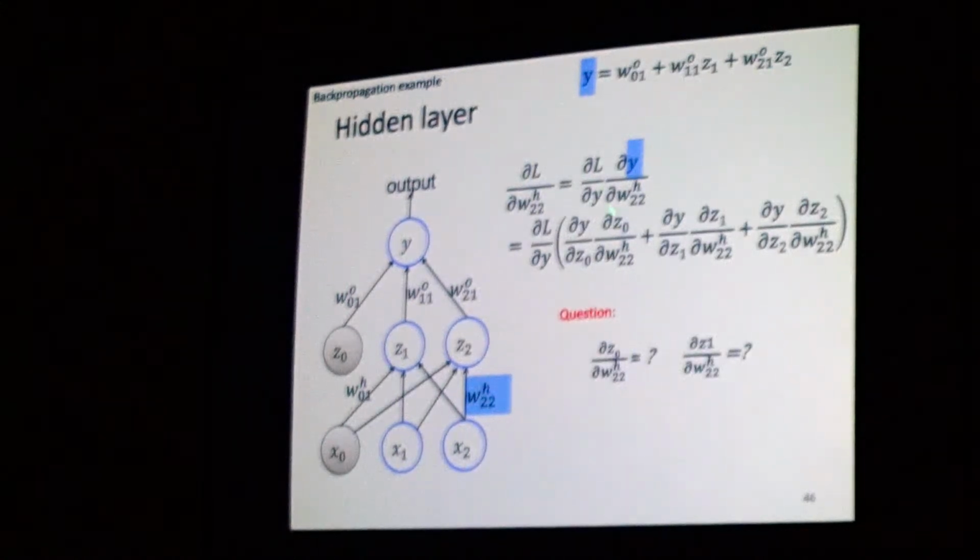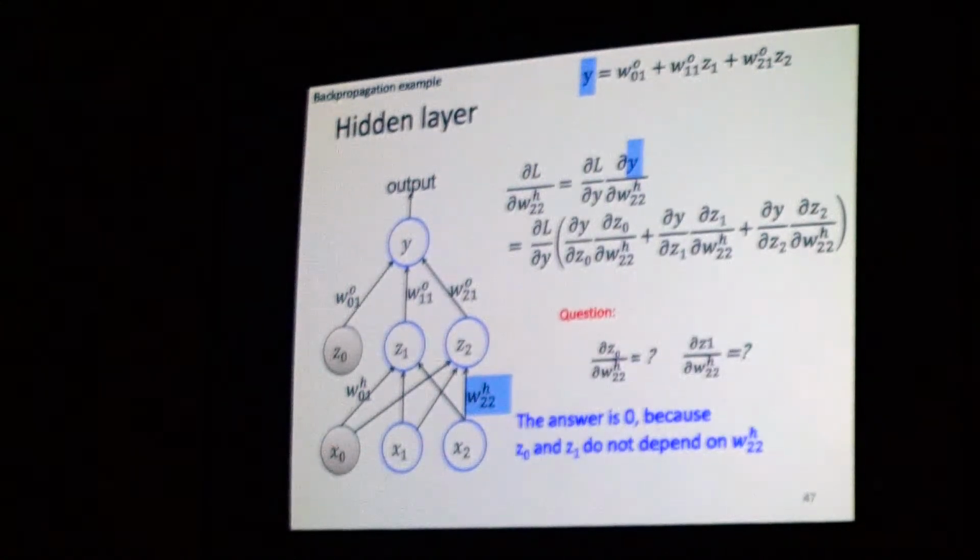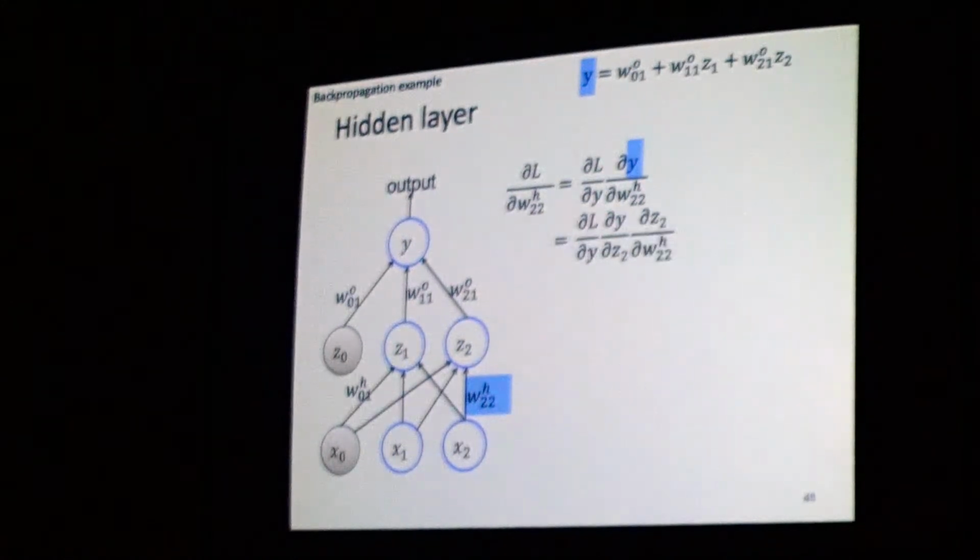That means the first two partial derivatives are simply 0, and you can just take them out. The remaining is simply the product of three terms: partial L over partial Y, partial Y over partial Z2, and then partial Z2 over partial W22H.